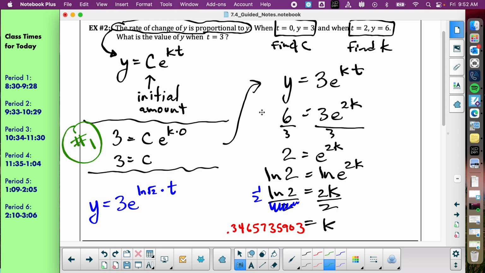So, what I'm wondering is how you guys are feeling about this layout or the setup. You're going to need 2 pieces of information to find 2 unknown things. Once you find the particular solution, there's usually a question that goes with it that'll ask you to find out, like this one says, what is the value of y when t is 3?